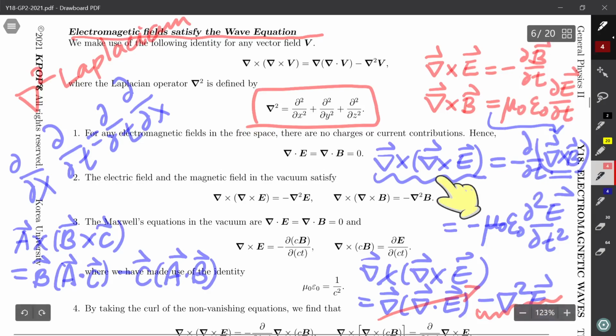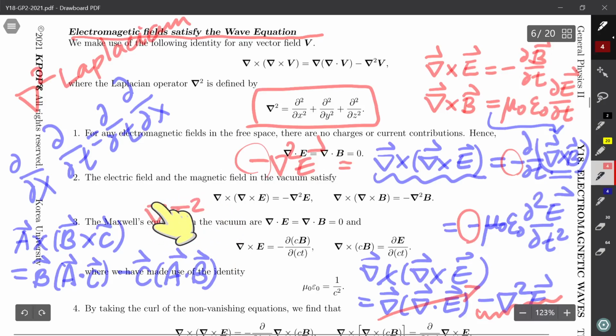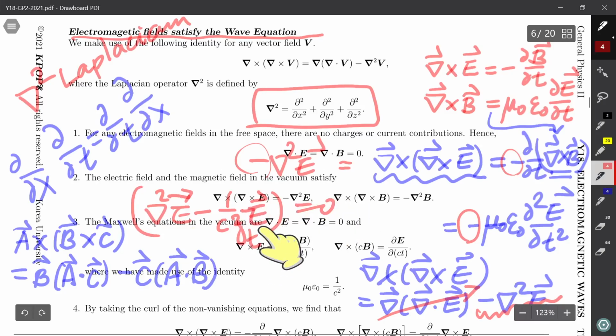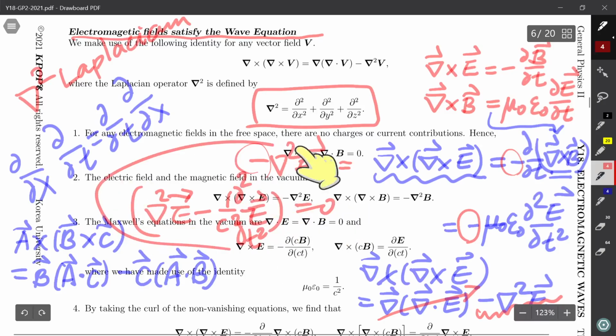If we replace this one with minus Laplacian, we can remove the negative sign both sides. What you obtain is electric field Laplacian subtracted by 1 over c squared times second order time derivative. So wave equation.